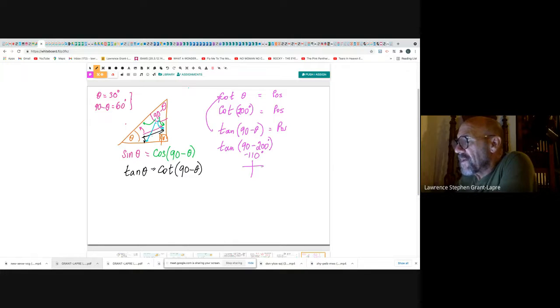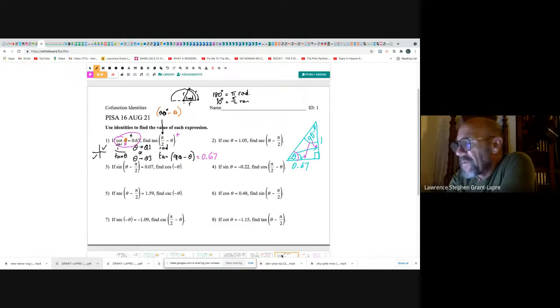Negative 110 degrees is in the third quadrant, so it's also positive. So that wraps up this question. We've finished that question because we know it's going to be positive. The number is the same, 0.67, and the sign is also positive.